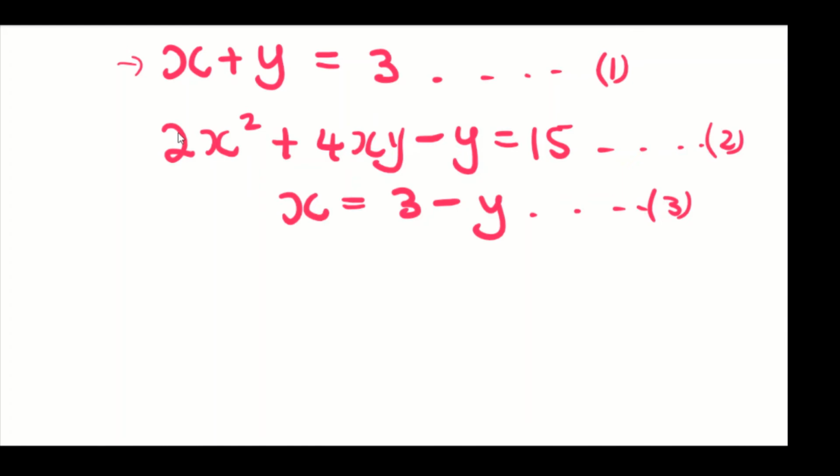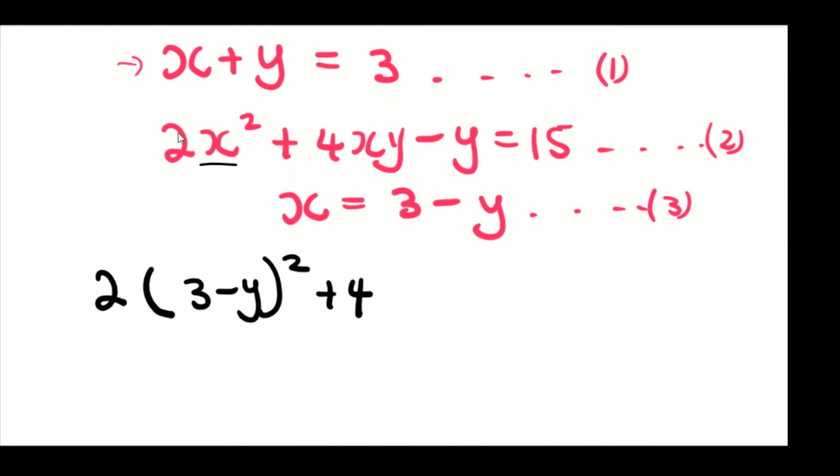So what we have here is 2 into, so we're having x squared, so we say 3 minus y whole squared, plus 4 into, instead of writing x, we write 3 minus y, multiplied by y, minus y being equal to 15.